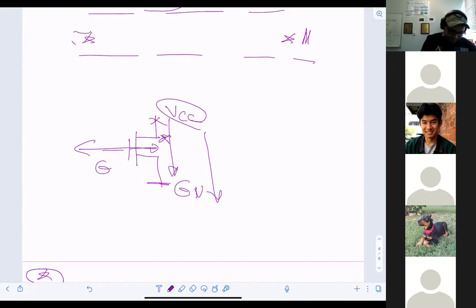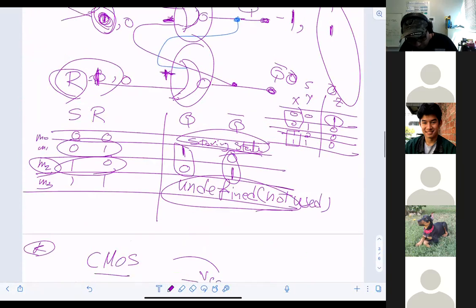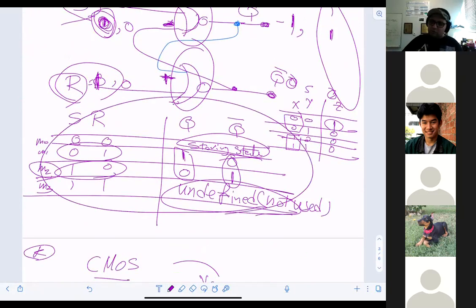Now, in the last lecture, I told you about something called clock. So we figured out one of the disadvantages we have for this latch is basically what? The limitation for using all available states we have, which is if you are NOR, it's gonna be 1-1.